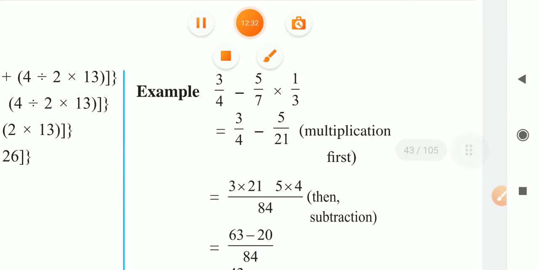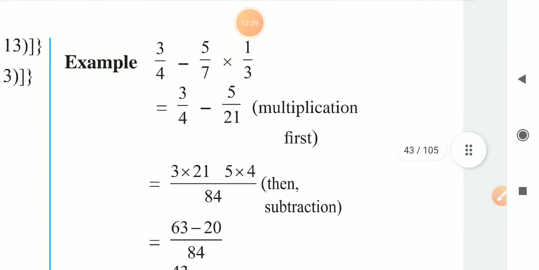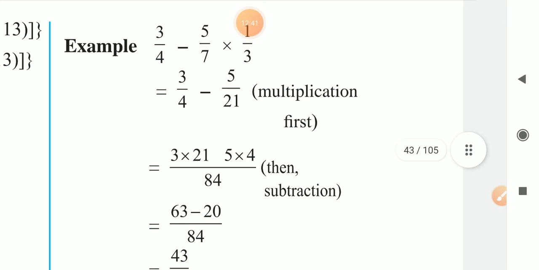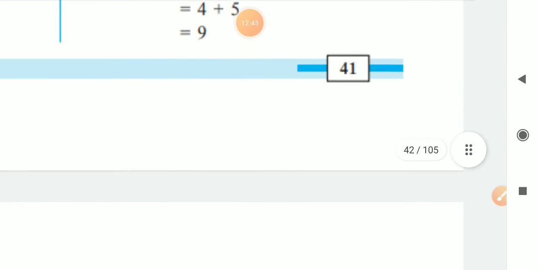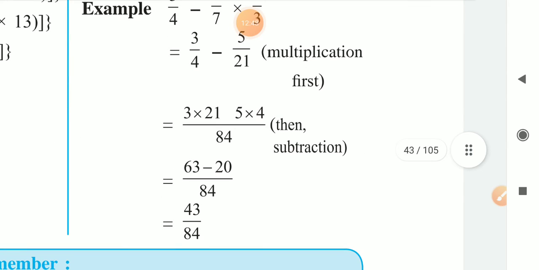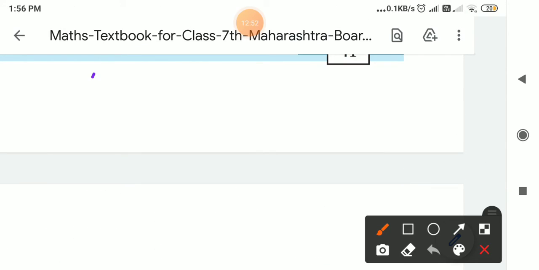See here, I will solve and show you. I will write it down: 3 upon 4 minus 5 upon 7 into 1 upon 3.